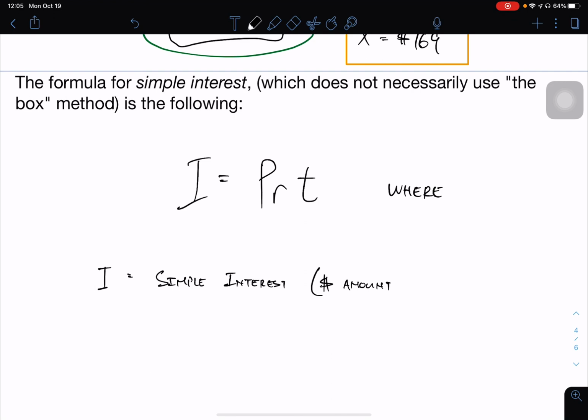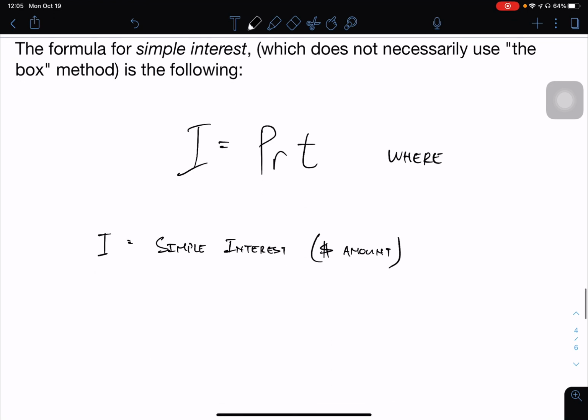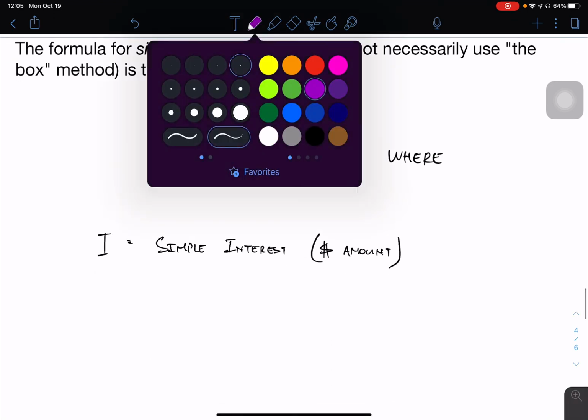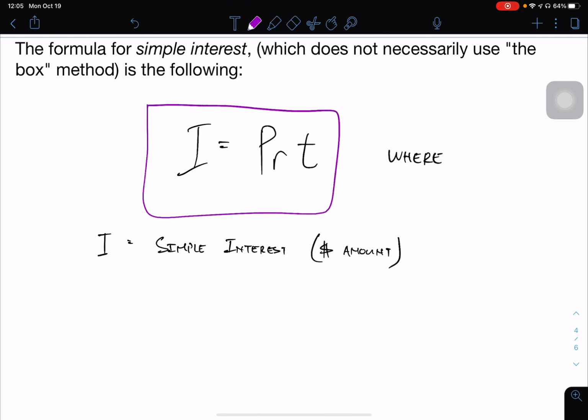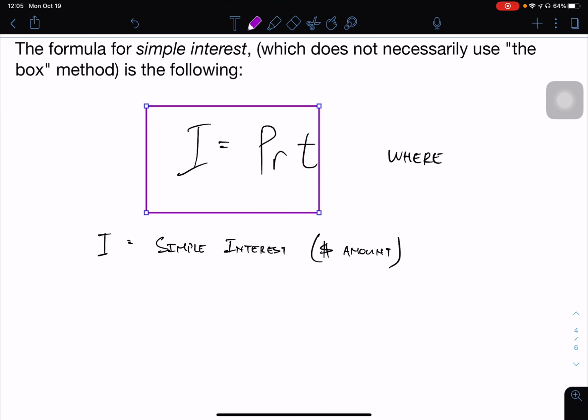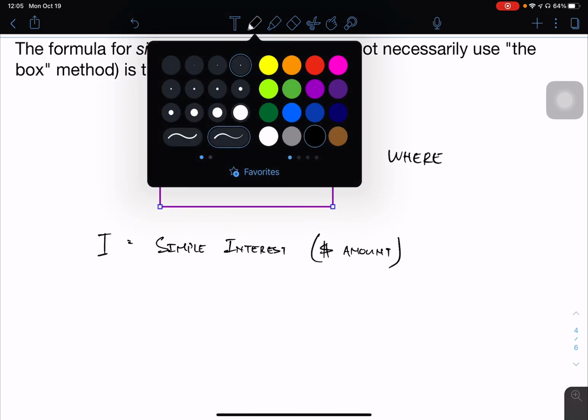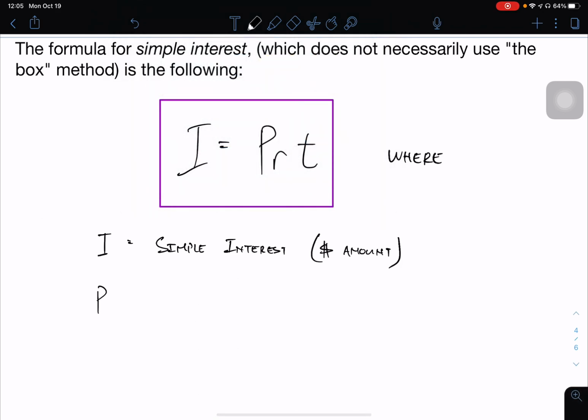So when people talk about simple interest, it means that they're talking about some kind of dollar amount, whether it's money owed or money earned. The P is the principal. Again, this is a dollar amount, but another way to think of this is your starting balance.